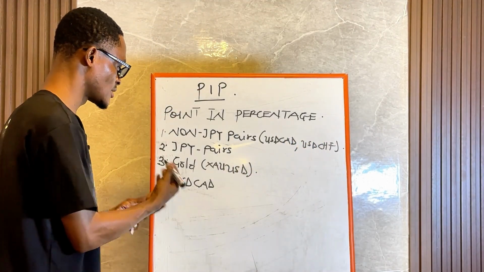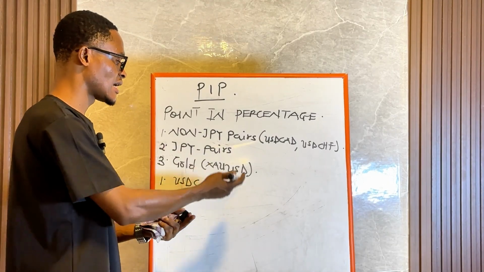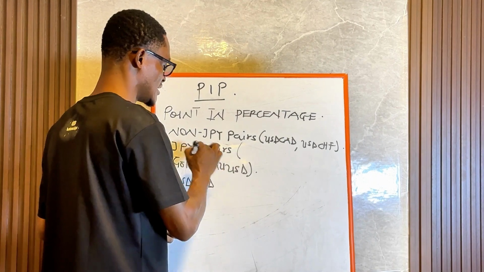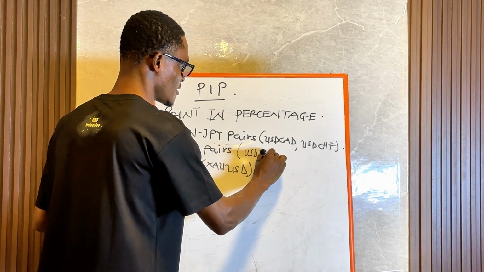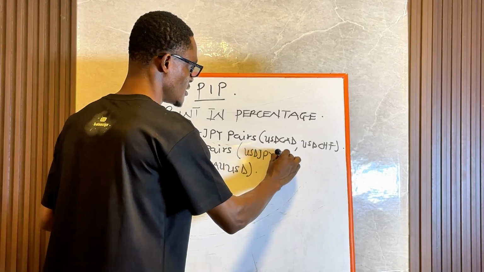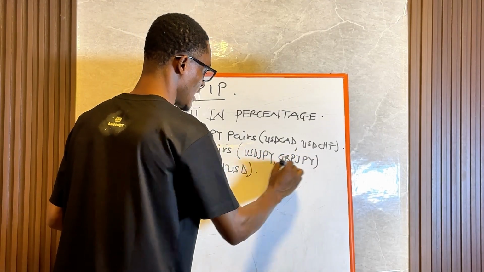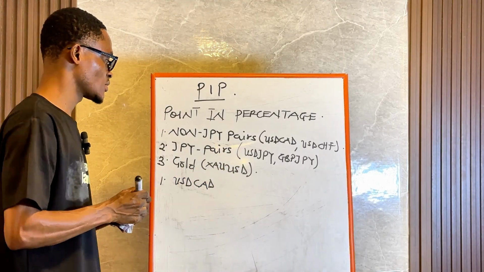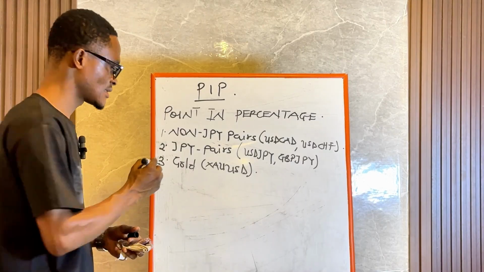I'll add examples under each concept. So the JPY pairs: USD JPY, GBP JPY, and the last being gold, as I have written here already. So let's start with the first concept, which is the non-JPY pairs.